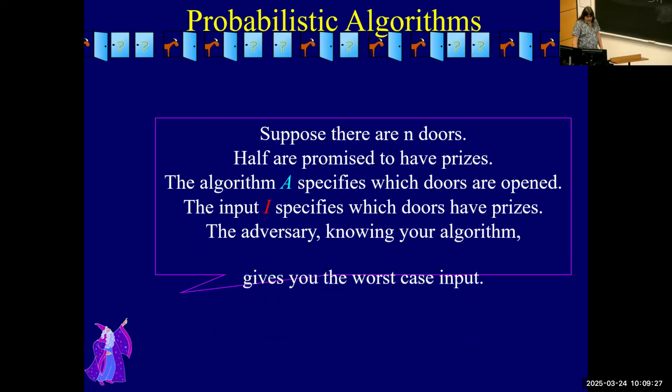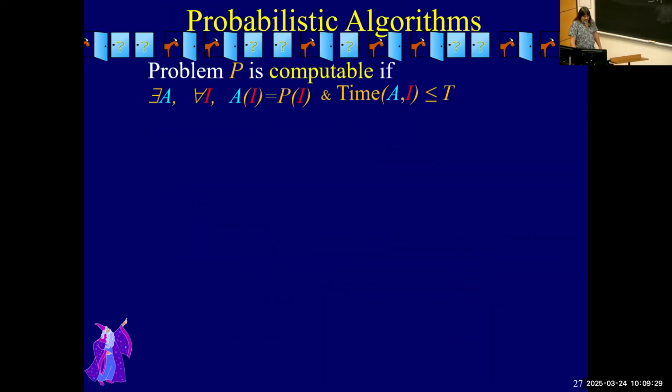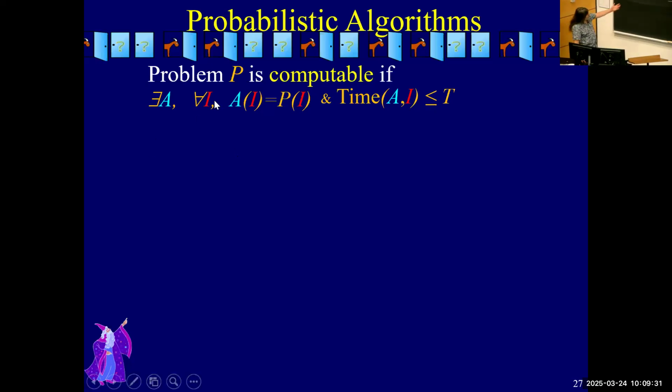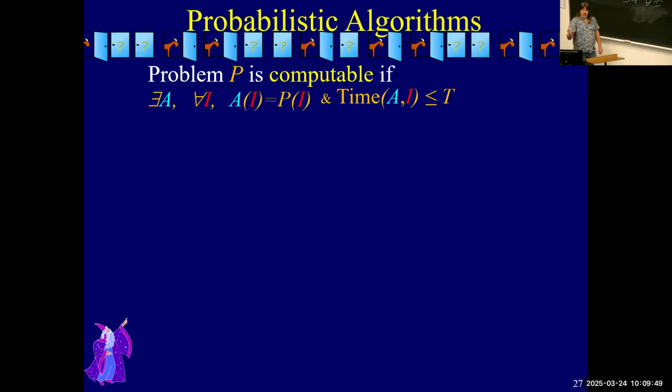It gives you the worst case input. So I wrote it on the board, but here it is. There exists an algorithm such that for all inputs, the algorithm finds a prize, and the running time of the algorithm on the input is at most T. T tells me how many doors I have to open.